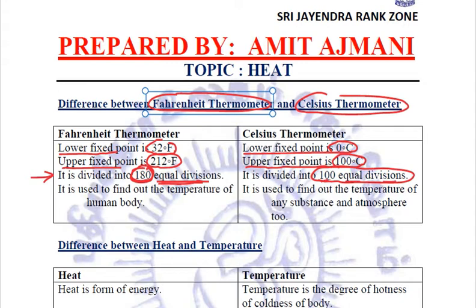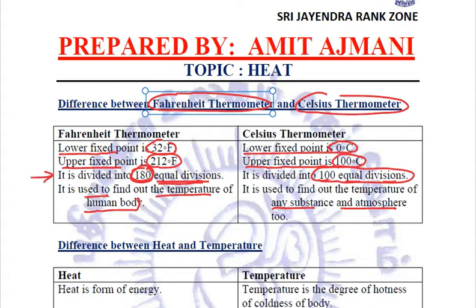But in Fahrenheit, it ranges from 32 degree Fahrenheit to 212 degree Fahrenheit. That is why there are 180 equal divisions. Now this Fahrenheit thermometer is used to find out the temperature of human body, whereas Celsius thermometer is used to find out the temperature of any substance and atmosphere also. So these are the main two types of thermometers. We saw the differences between these two.